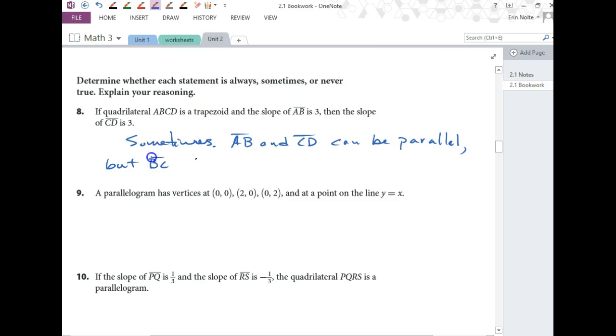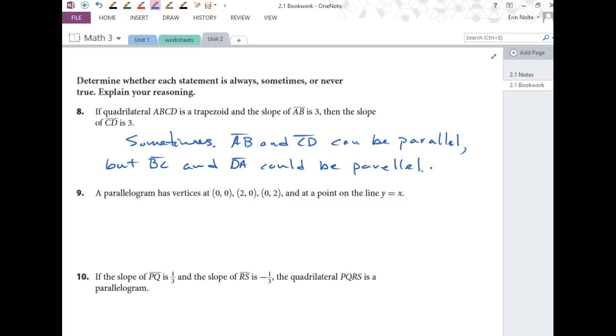BC and DA could be parallel. Good there? Okay, so even if AB has a slope of 3, it's not certain that CD has to be 3. Could be.